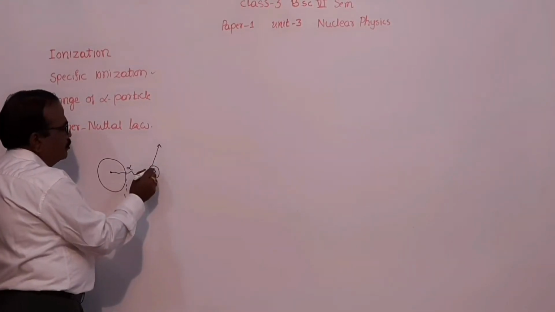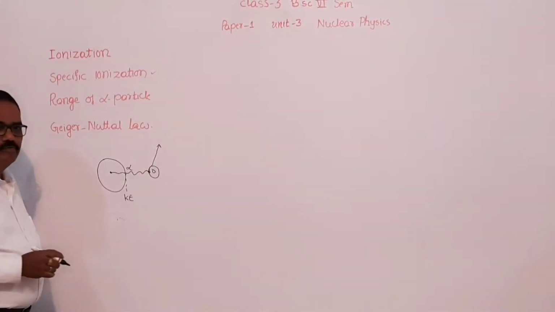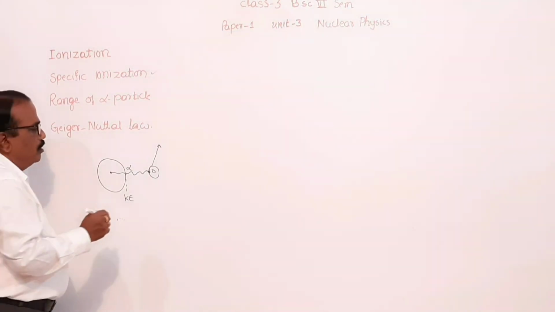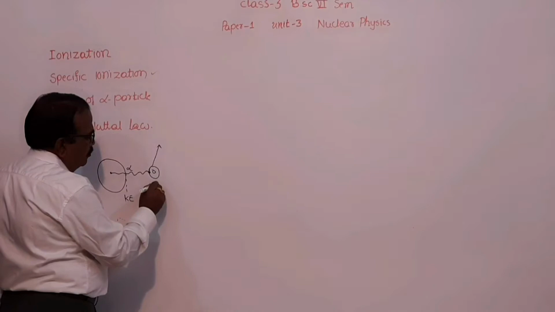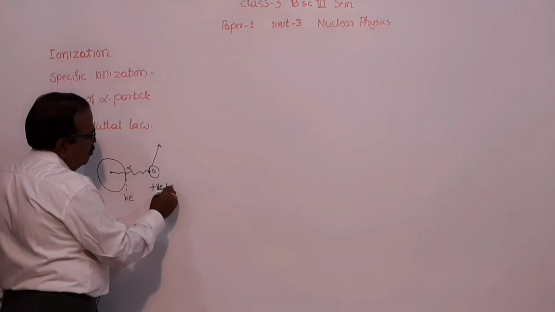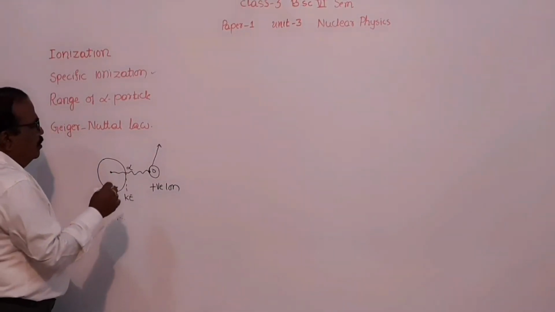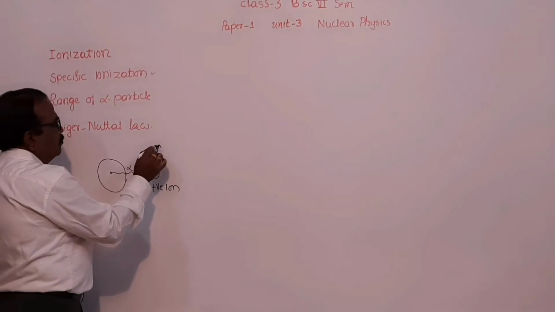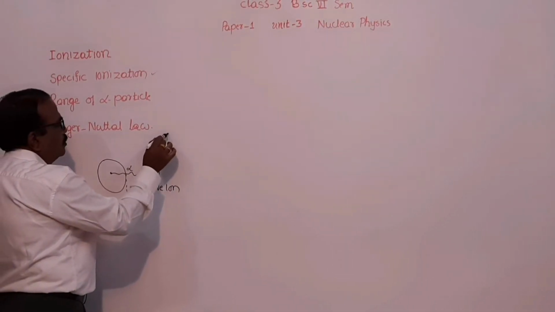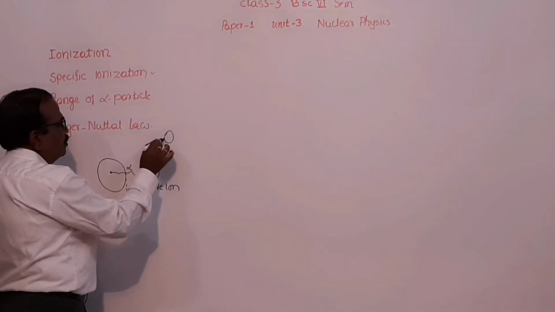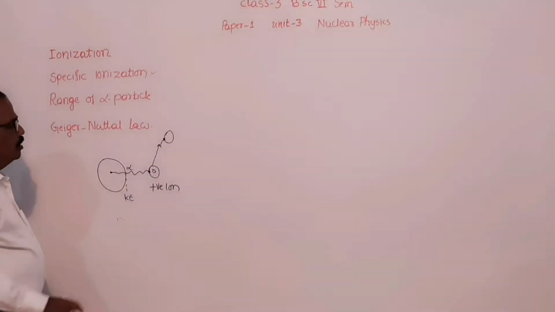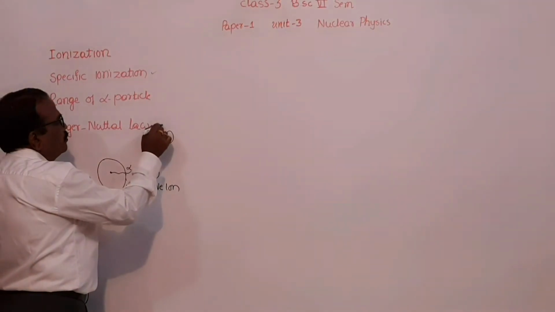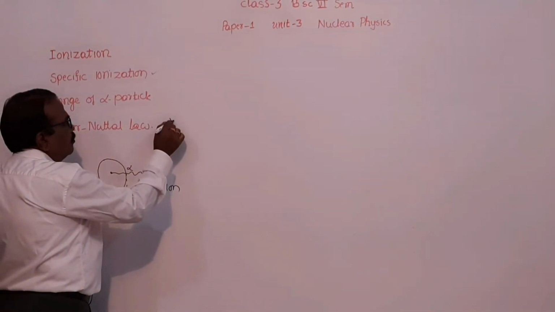That means it removes an electron, and this becomes positive ion. And this removed electron in motion settles with another atom, and this is called as negative ion.